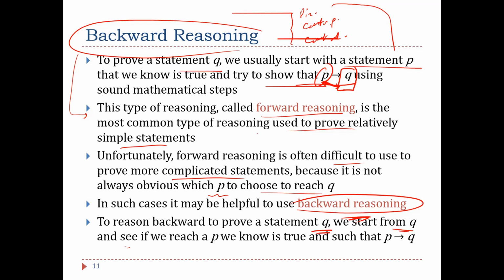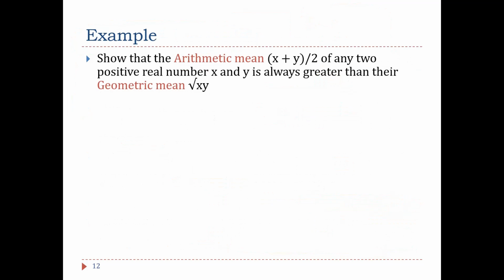And we check if we can reach P backward, or whether we can have a part of this needed truth, these needed facts and properties, in P. If that is the case, then we can use that part of the truth and chain forward the facts one after the other until we reach Q.